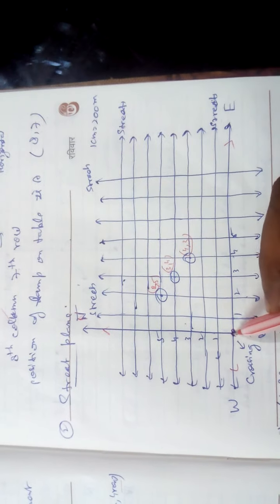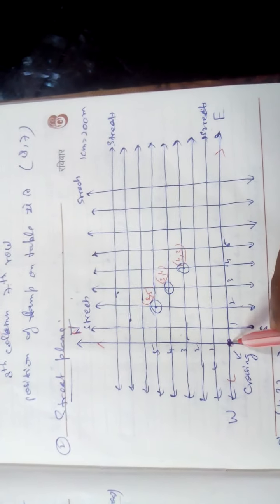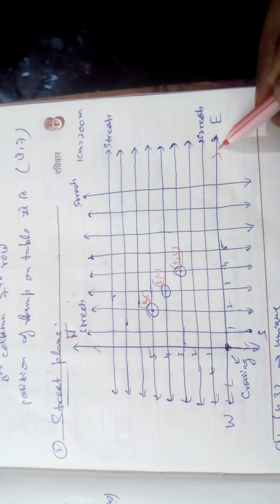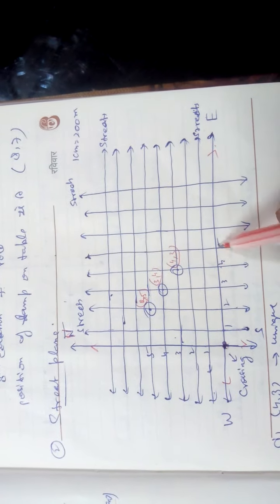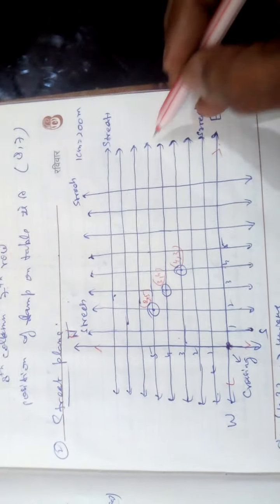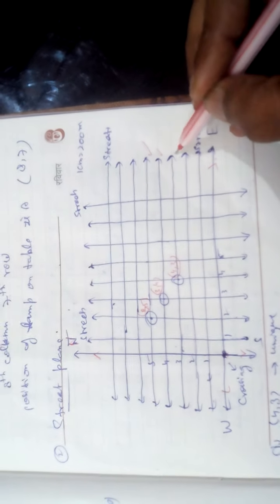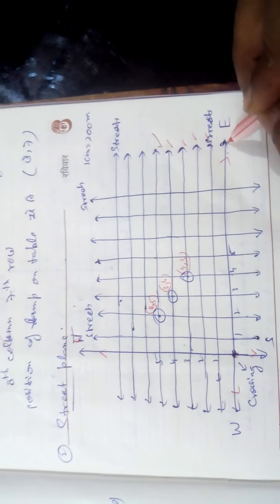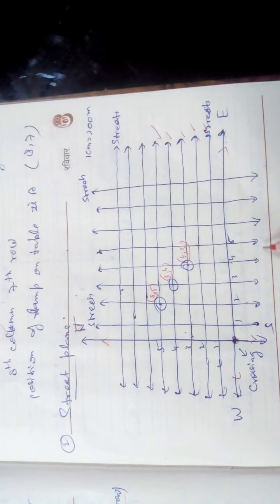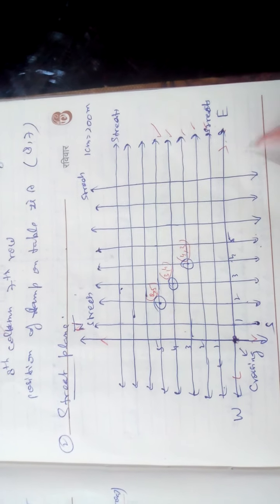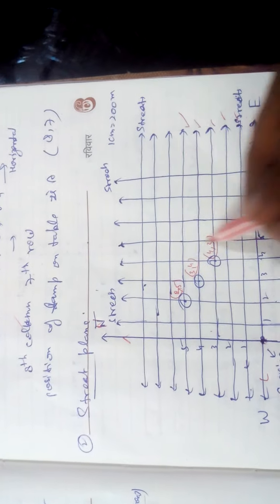From here, the origin, the intersecting point of the roads, you go left, right, and upper side, marking 1, 2, 3, 4, 5 streets. It is street number 5, 4, 3, 2, 1, 0 on the main road. Here first street, second street, third street, fourth street, fifth street. You want only up to the 5th street.